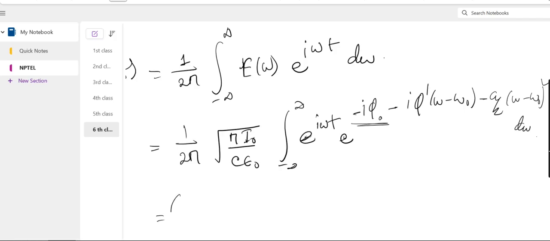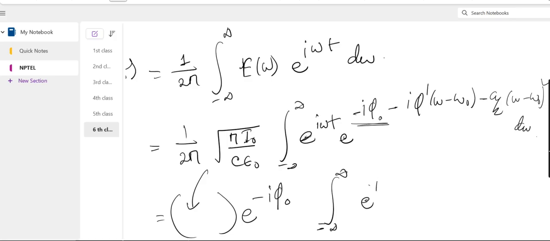So this thing is e to the power minus I phi naught here. Now this is e to the power I omega t. So we need to match, for the sake of simplicity, so that we have omega minus omega naught.